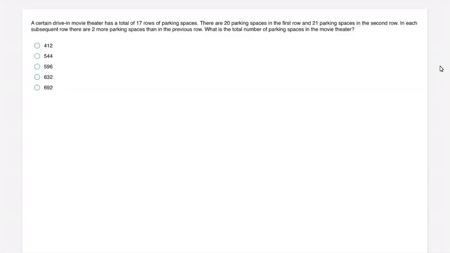Okay, let's do it. Look, a certain drive-in movie theater has a total of 17 rows of parking space. There are 20 parking spaces in the first row. So 20 spaces in the first row.